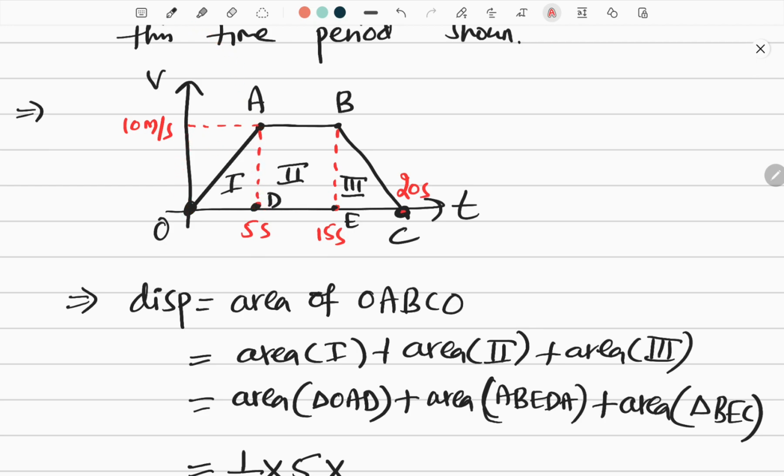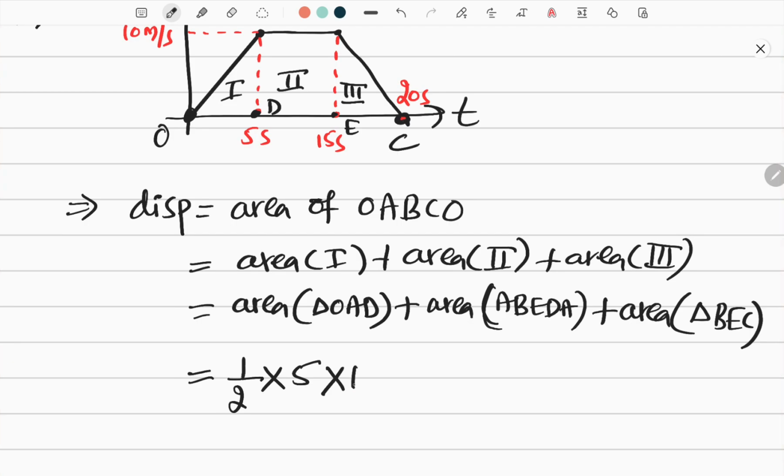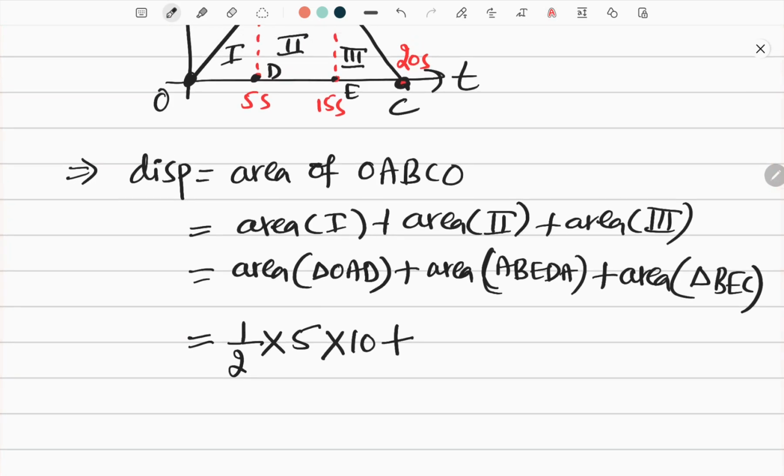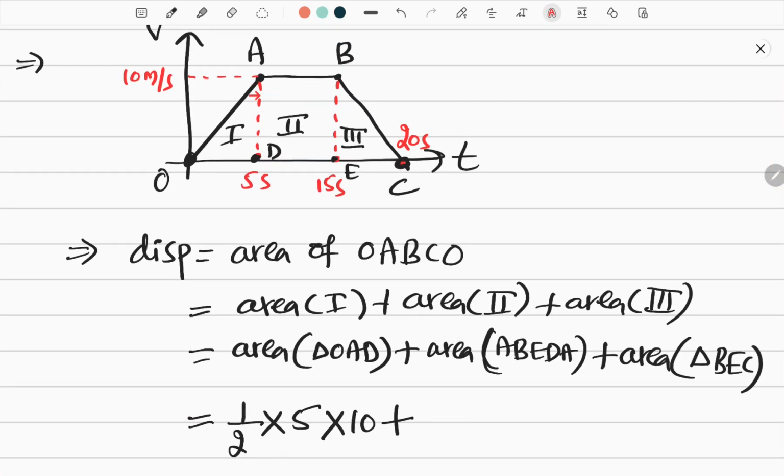Plus the area of rectangle ABED, which is length into breadth: AD is 10, into DE. D is 5 and E is 15, so DE is 15 minus 5, which is 10.